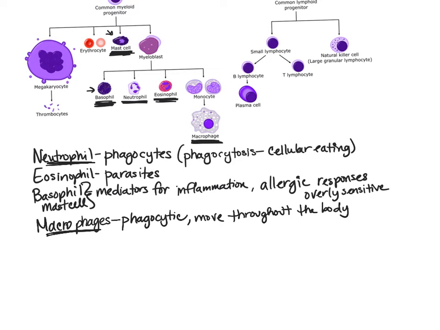So all of these cells that we have just talked about so far, the neutrophils, the eosinophils, the basophils, the mast cells, and the macrophages, are all going to be part of the first of the two types of immune system that we have, which is our non-specific immune response.